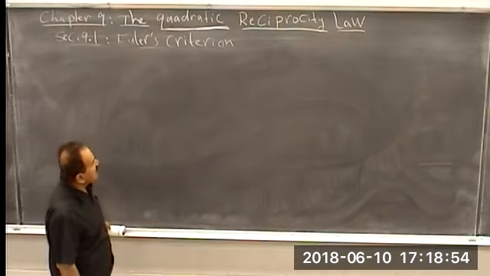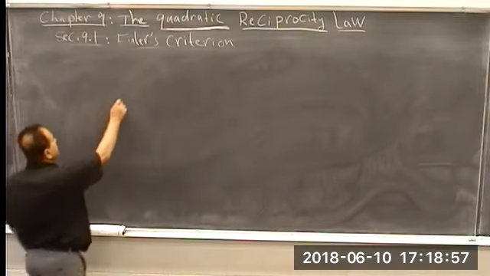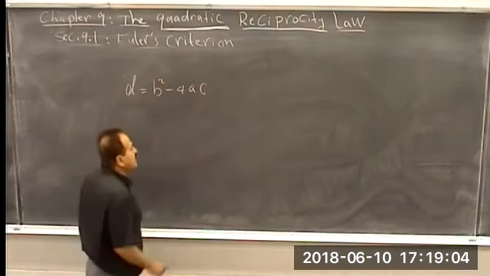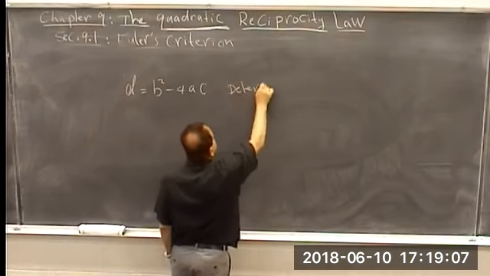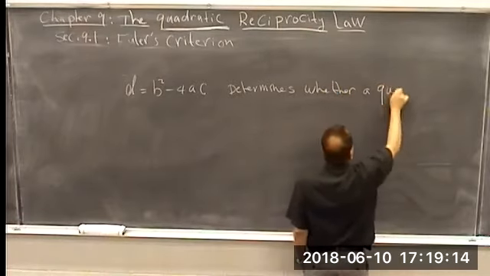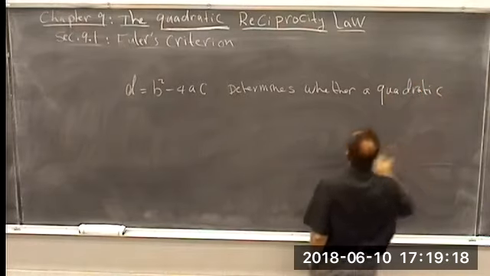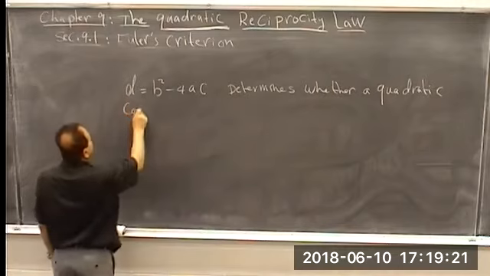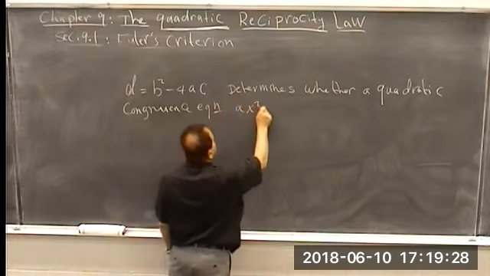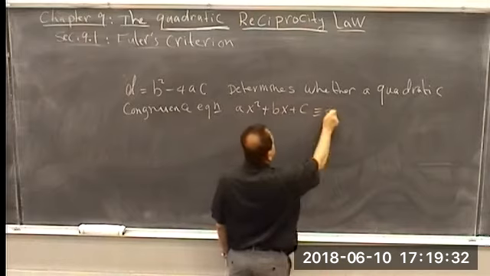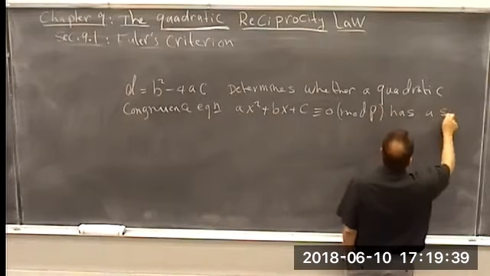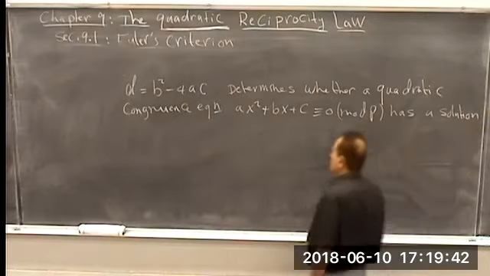In the case of quadratic congruence equations, d equal to b squared minus 4ac determines whether a quadratic congruence equation a x squared plus b x plus c congruent to 0 mod b has a solution or no solution.